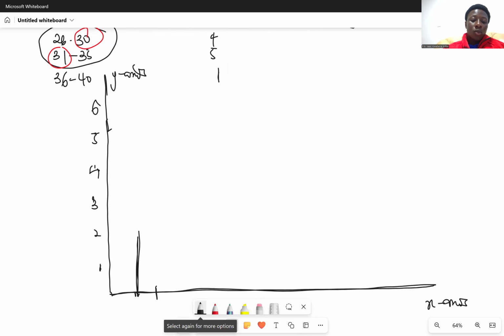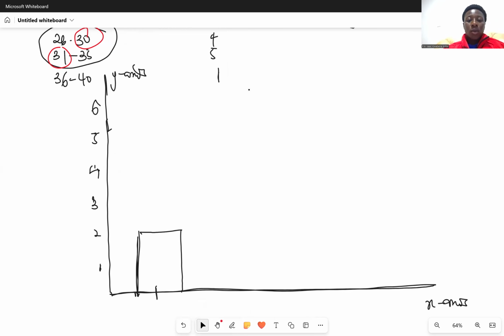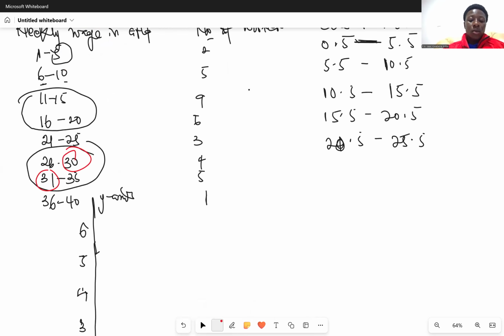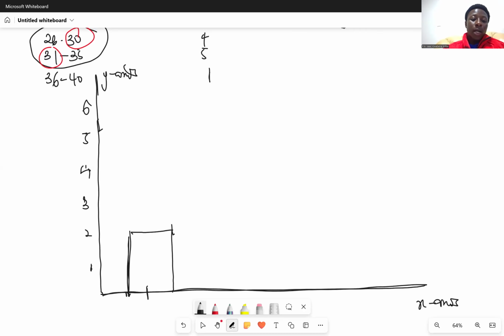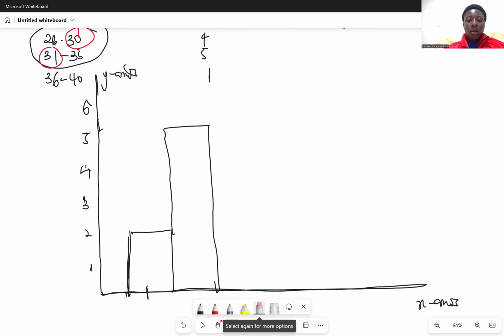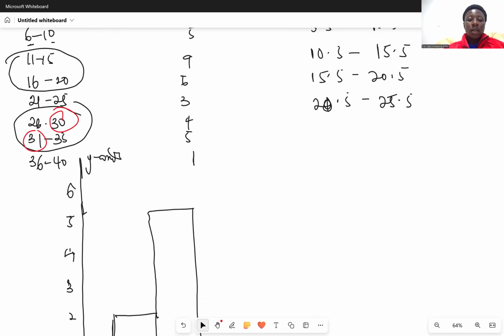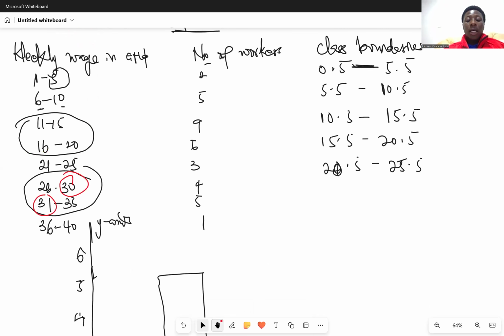You draw the two like that. Let's draw another one. The next one corresponds to 5. In a histogram you have to continue, right? So to 5. After drawing it, then you write the boundaries on the feet.